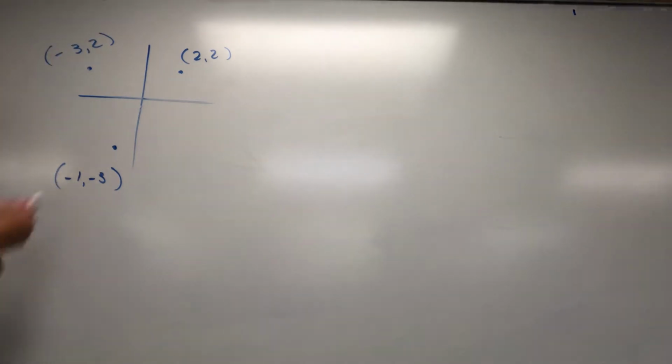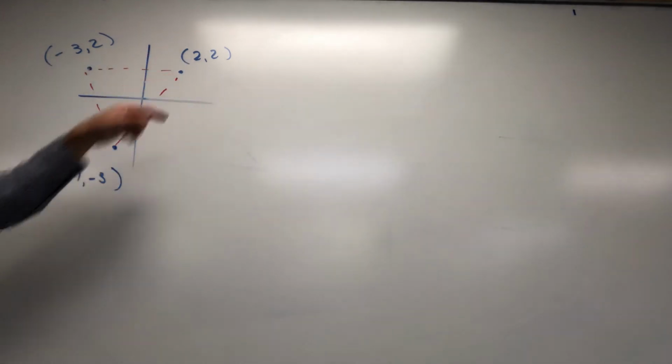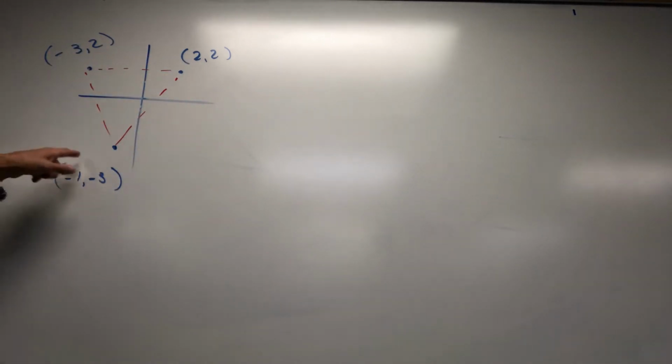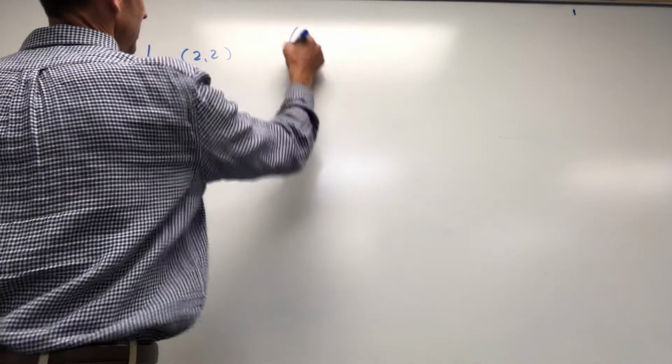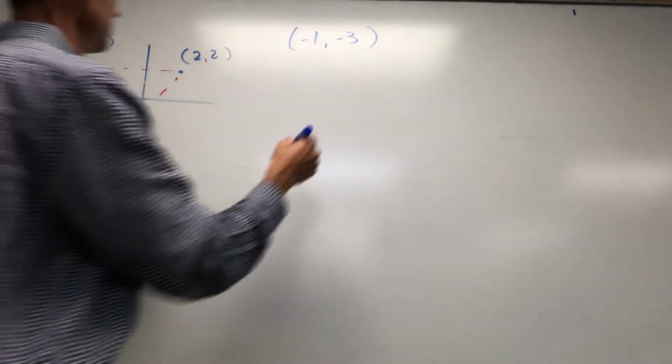All right, so we need to find distance formula 3 times just to answer one question. So we've got all three sides. So here is (-1, -3). Here's (-3, 2).